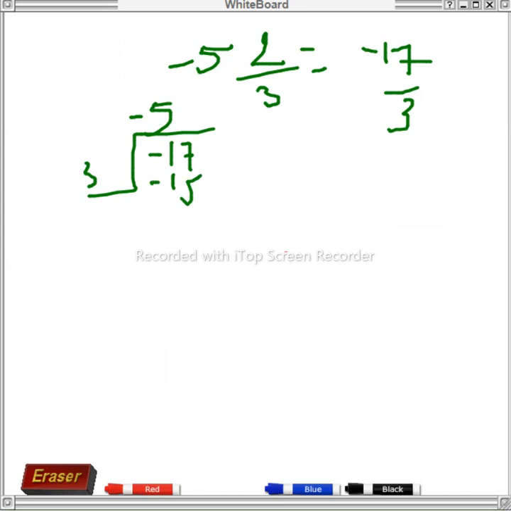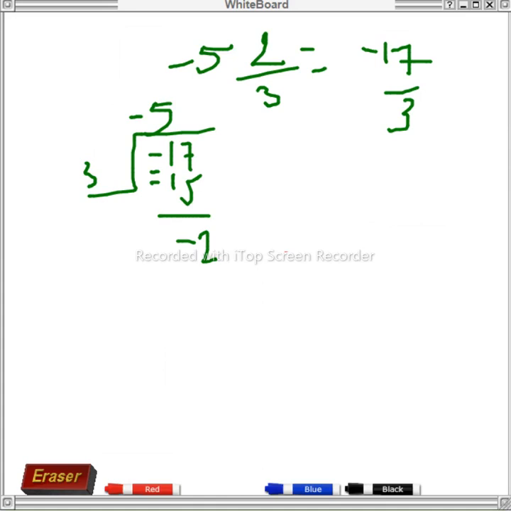When we subtract minus 15 from minus 17, we get minus 2.